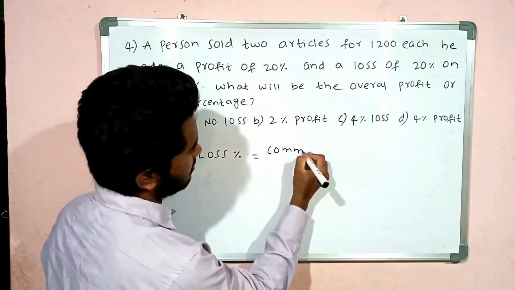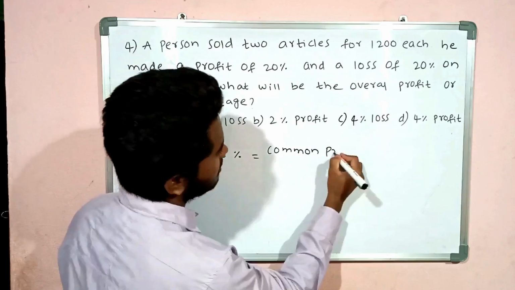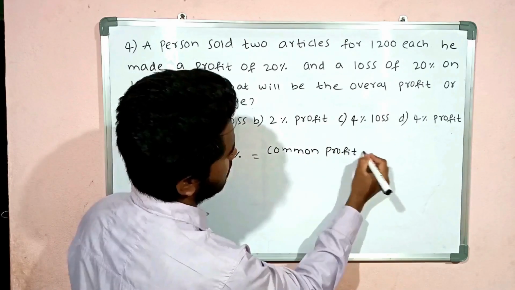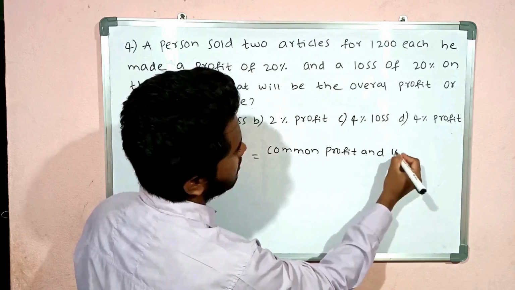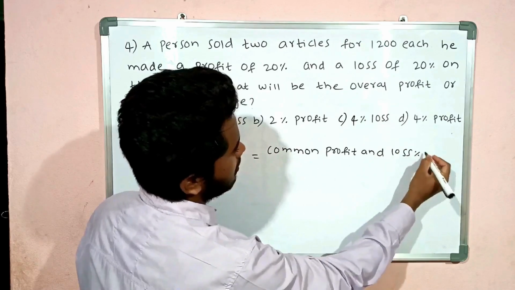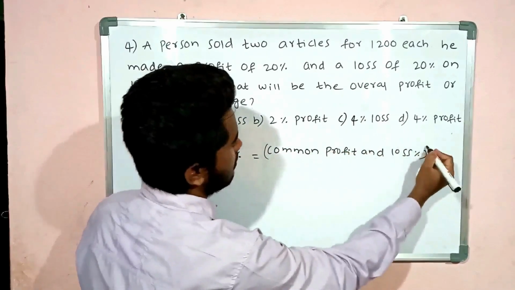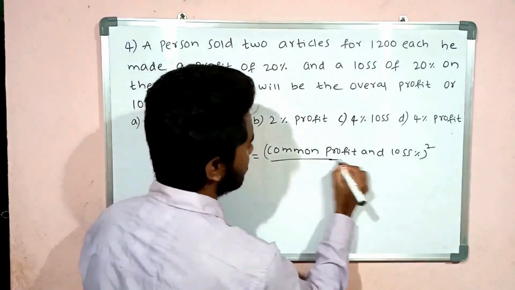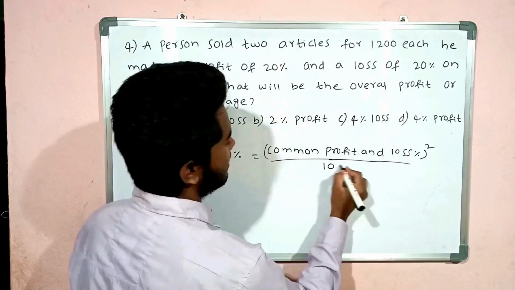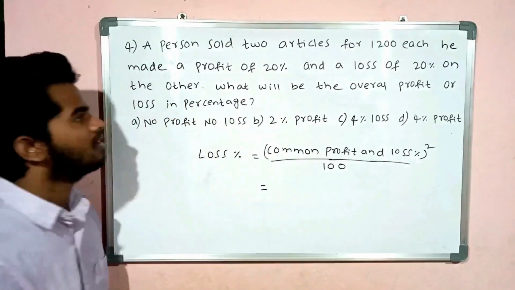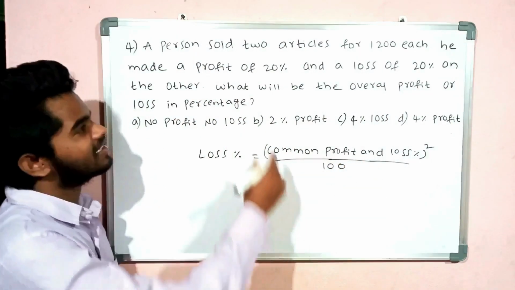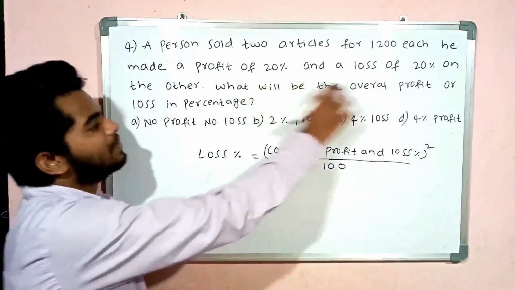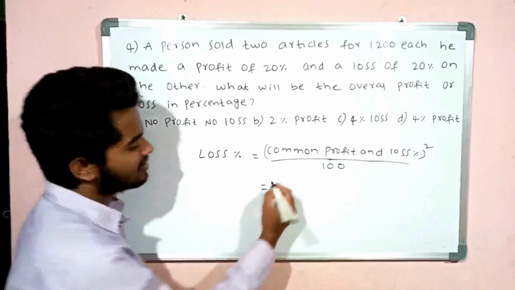Loss percent equal to common profit and loss percent whole square by 100. Common profit and loss percentage is 20%. 20% profit, 20% loss.